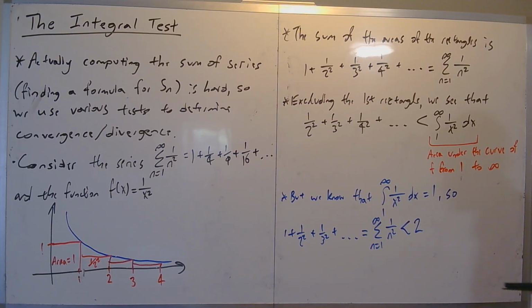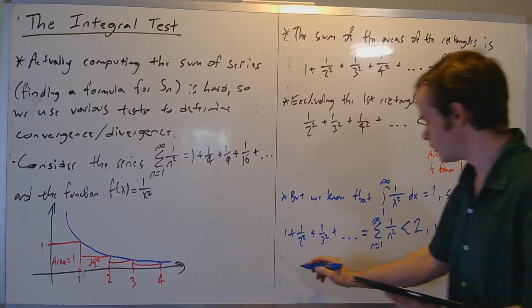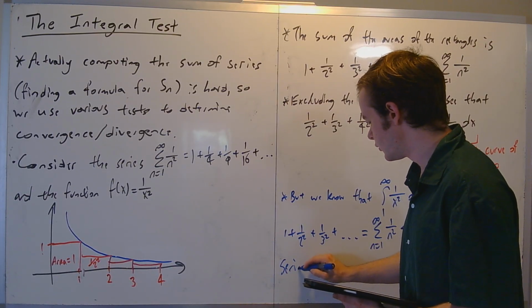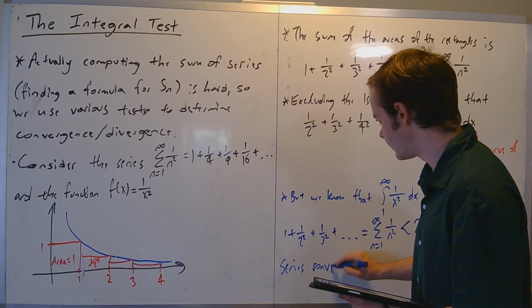So if we add the two together, we get that this is less than 2. If we add together all the terms and we get a finite number, which means the series converges.